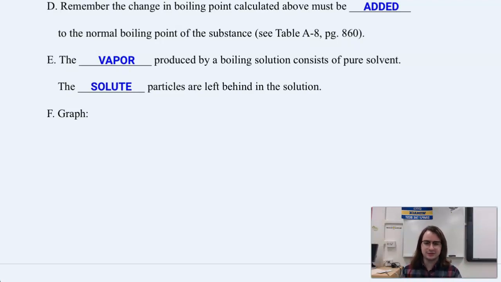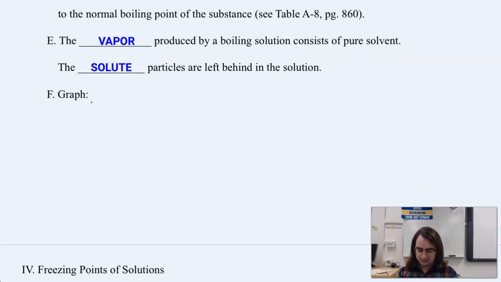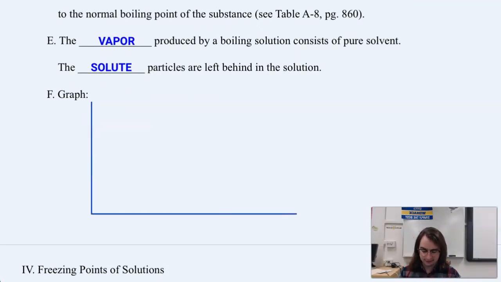We can analyze this using a graph. Let's slap down a graph here for ourselves. And this graph may be a little familiar to you. We are going to plot temperature versus time. And let's use green for the first one. Let's say that this is going to be the pure solvent.